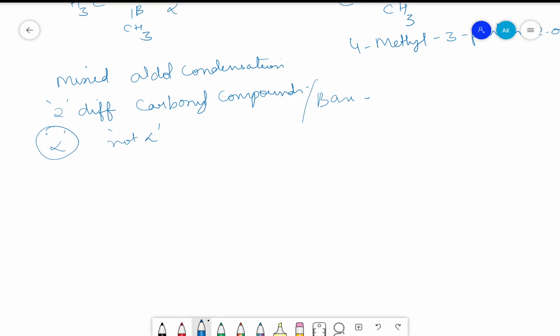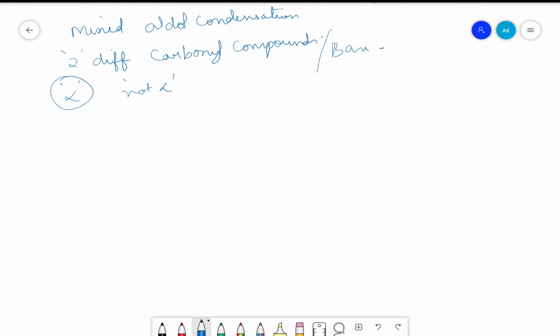We are going to use an example of acetaldehyde, that is CH3 C double bond OH, and benzaldehyde, benzene having C double bond OH attached.